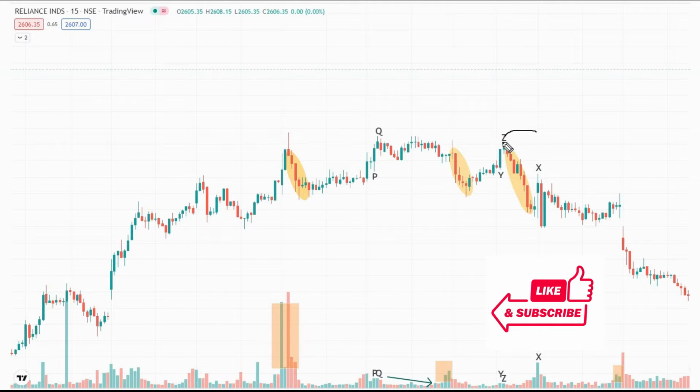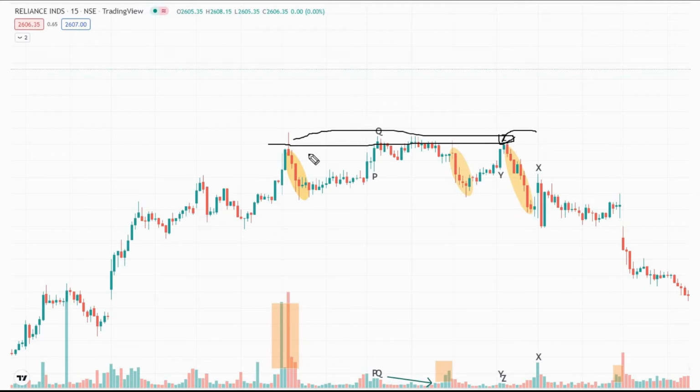So this candle is signifying a bearish sign, because where is it forming? At the supply zone, and we are seeing a decrease in the buying momentum and also in the volumes.